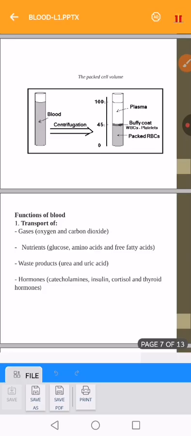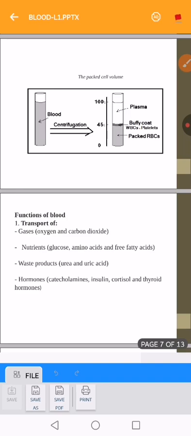So what are the functions of the blood? The most important and the first one is the transport function. The blood transports gases. The blood takes oxygen to the tissue and removes carbon dioxide from the tissue. The blood transports nutrients for the survival of that tissue or organ, like glucose, amino acids, and free fatty acids.